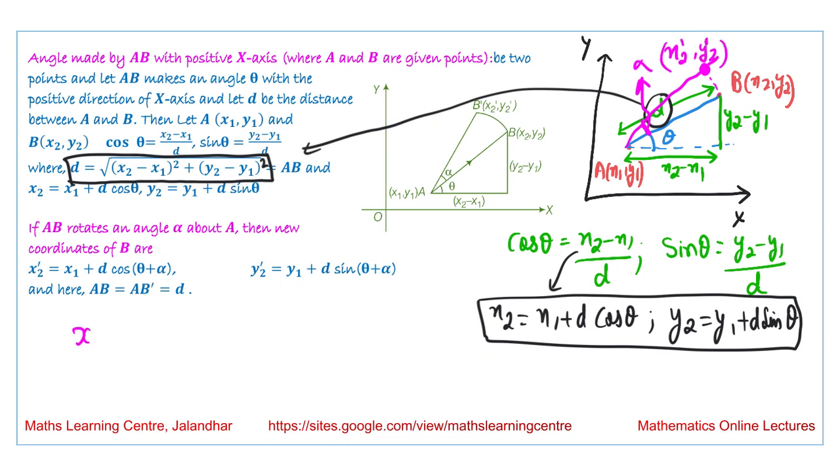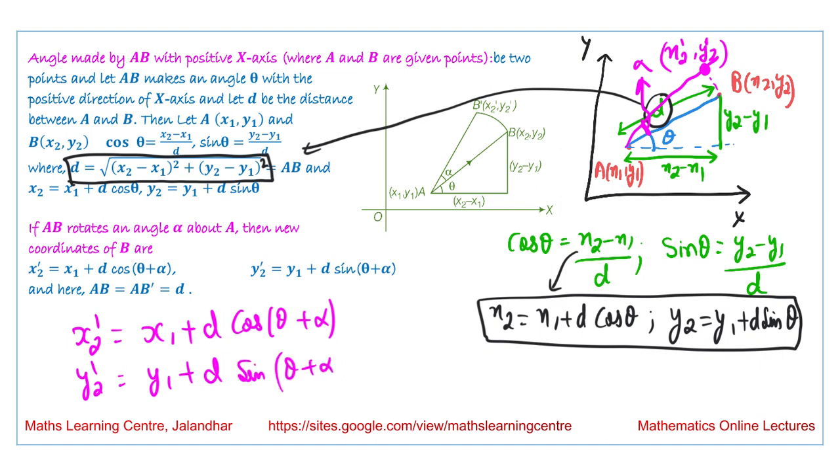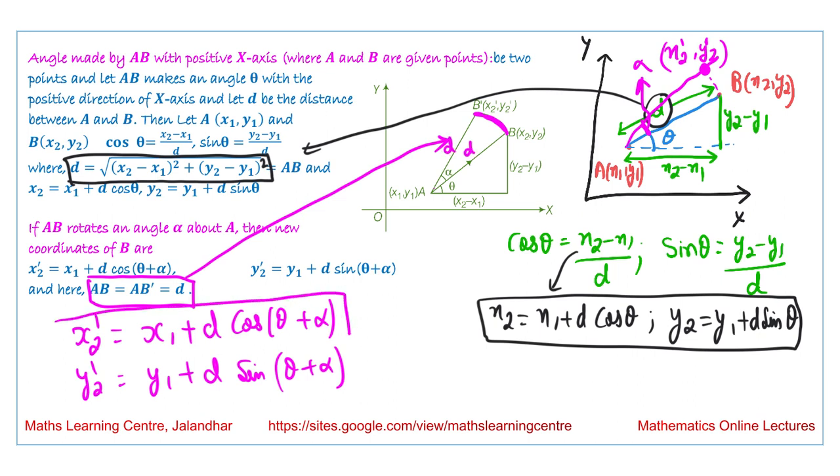So the coordinates are x2 dash equal to x1 plus d cos of theta plus alpha, and y2 dash equal to y1 plus d sin of theta plus alpha, where AB is equal to AB dash is equal to d. This is pure rotation. This length is d, and this length is also d. Then the new coordinates are given by this equation.